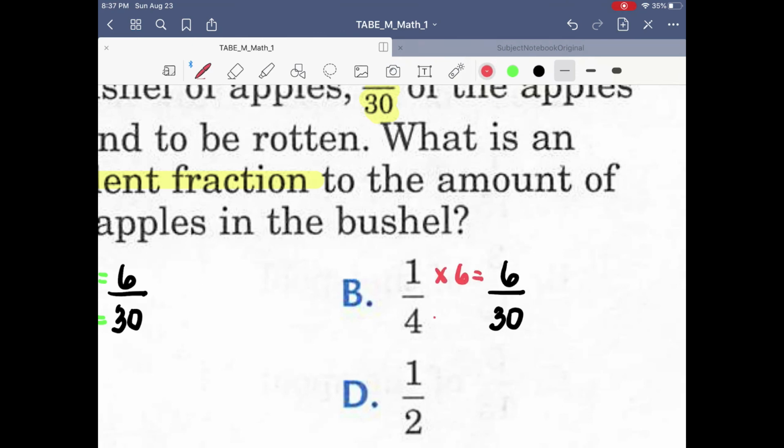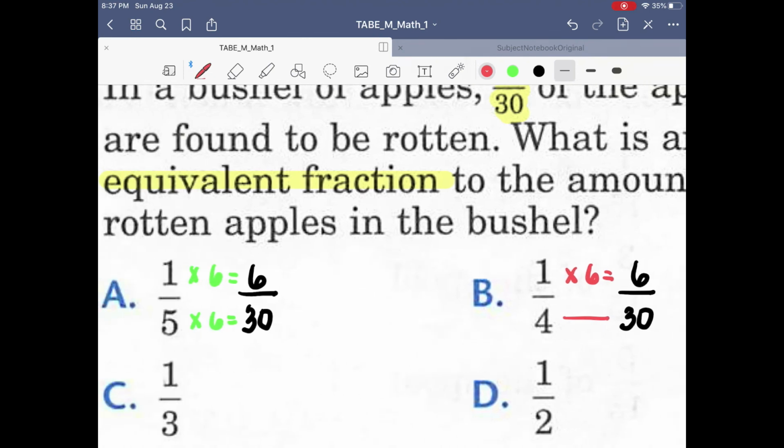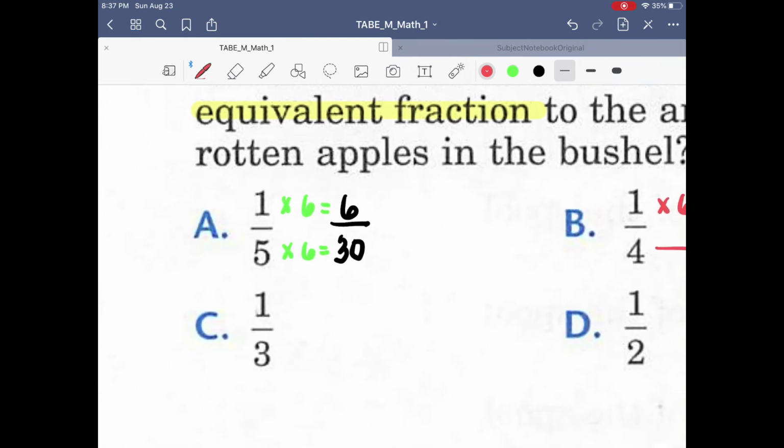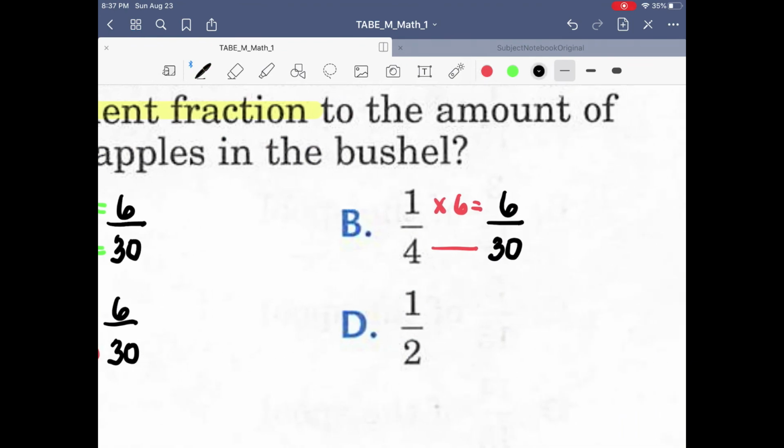6 and 30. The top will work, but not the bottom. And 6 and 30, we can get this one to work, top and bottom. It's just that it won't be the same top and bottom. The top is times 6, the bottom is times 10.